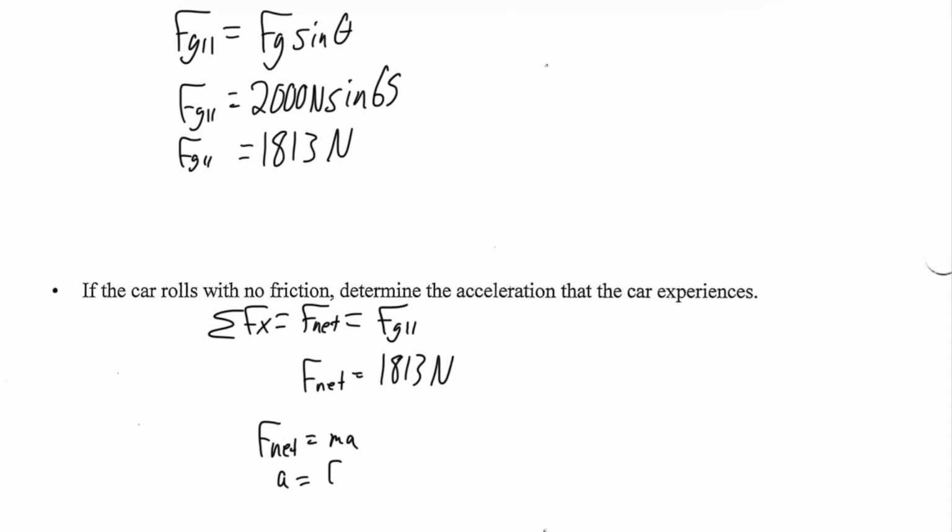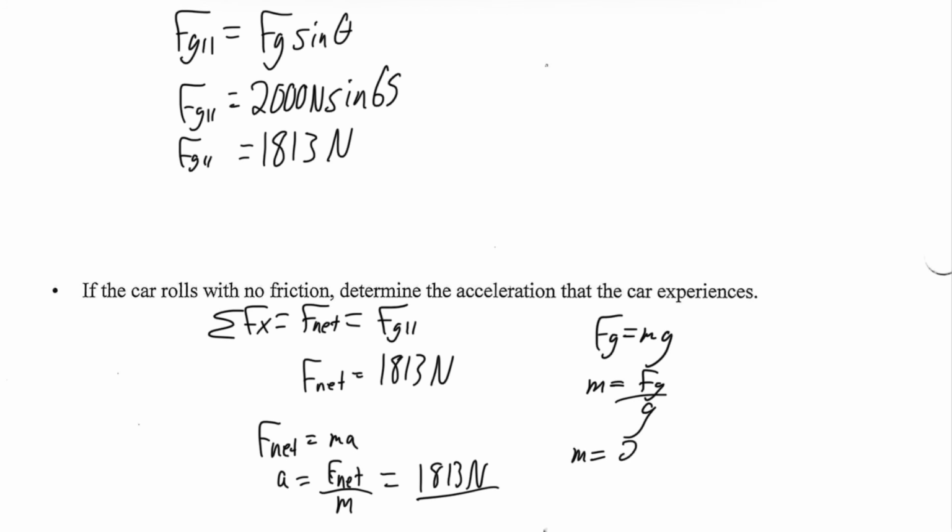Now we can use our net force formula, F net equals ma, to find our acceleration. So a equals F net over m. And we can plug in our values. So our net force is 1,813 newtons, but we don't have the mass yet. We're actually given its weight before, so we're going to have to solve for what our mass is. So we can do this using the formula Fg equals mg. And in this case, we know our gravitational force, and we know g. So we can get m by itself. Let's do Fg over g.